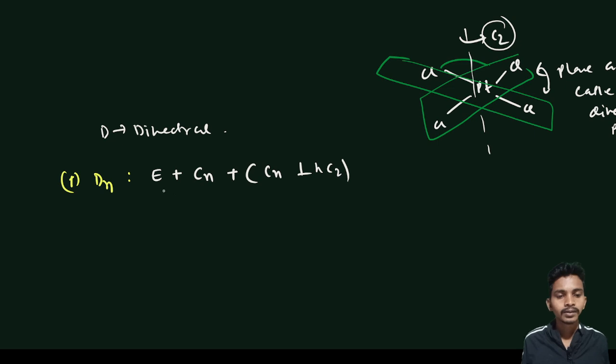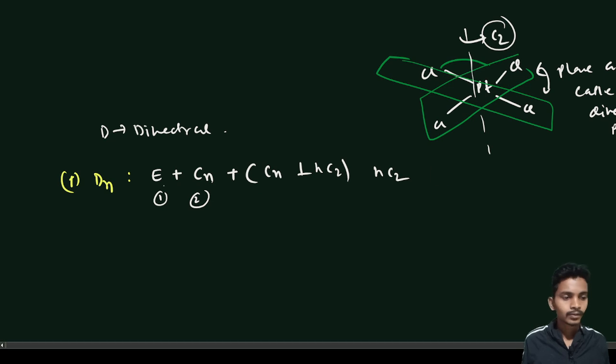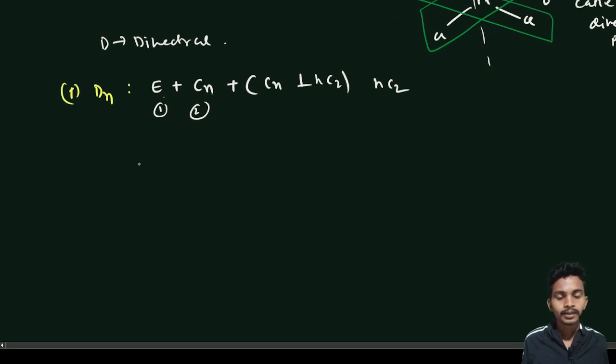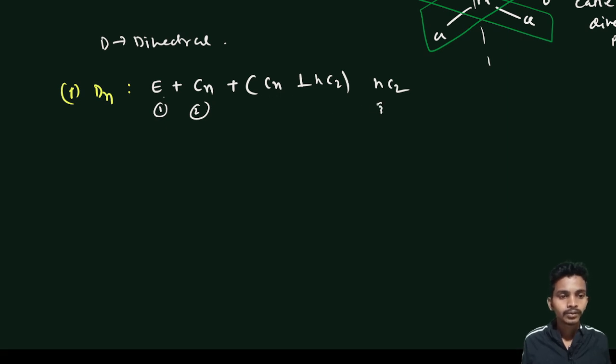So this is one symmetry element, and this is another: nC2 is present. So E, Cn and nC2. These symmetry elements will be present.